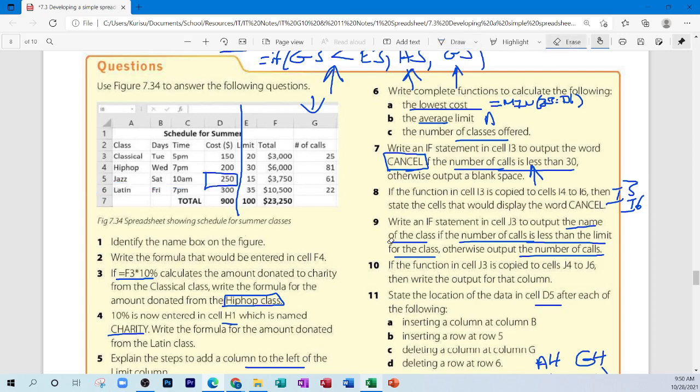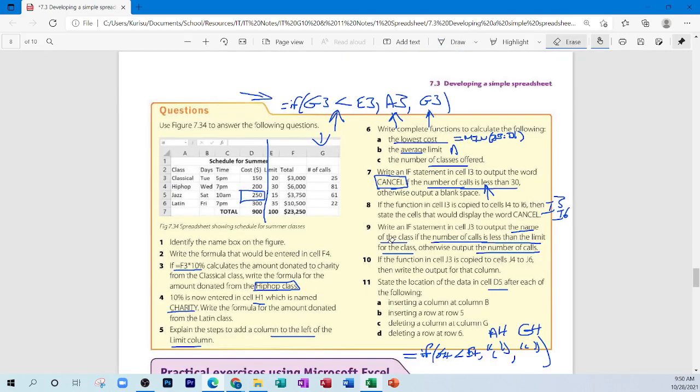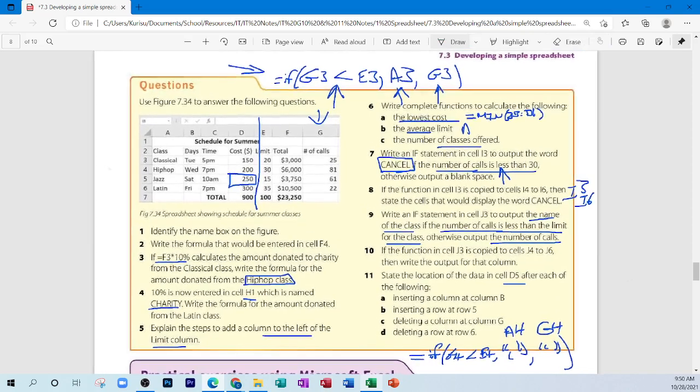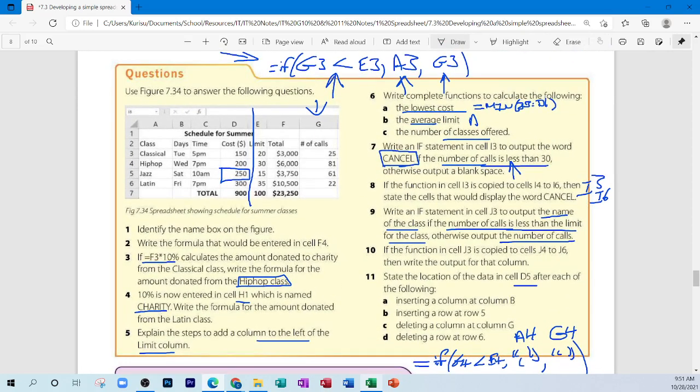Alright, so that's basically all of our questions for our homework. Does anyone have any questions on the homework? Any comments? Any clarification? Yes, Romario? No, sir. Okay.